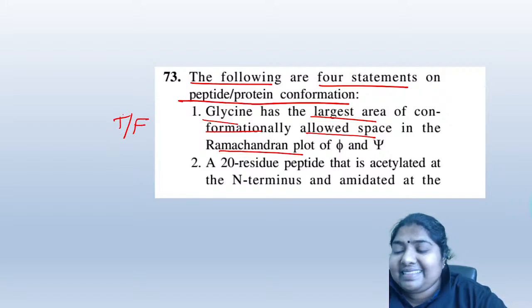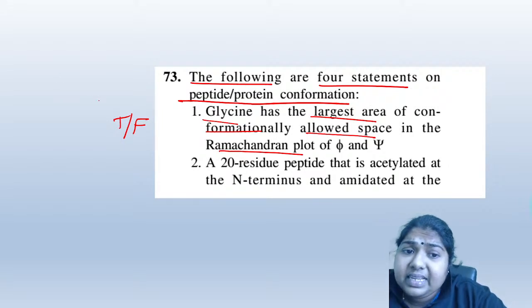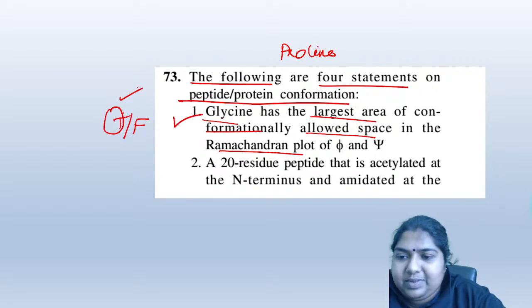True or false? Come on everybody. Glycine is having the largest area. True or false? Absolutely. Very good, Arnima. Yes, Ansh. Yes, Tazeen. Fantastic. It is a true statement. Only proline is restricted. Yes, Amrita. And glycine is most. So it is a true statement.